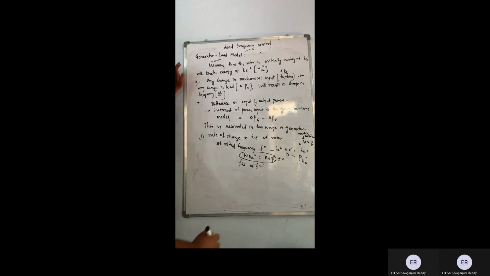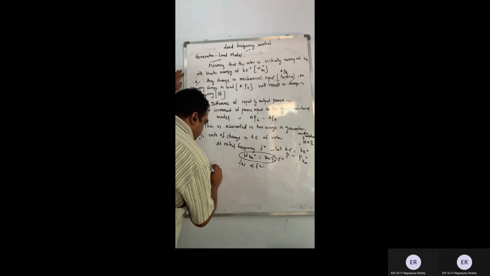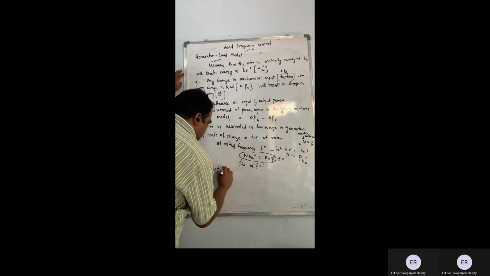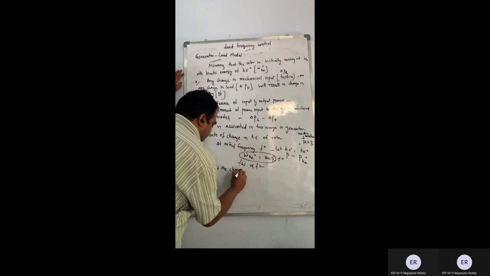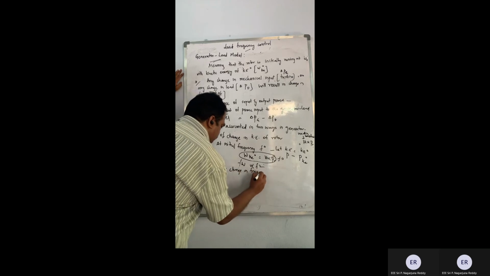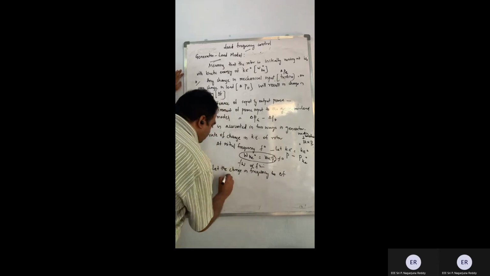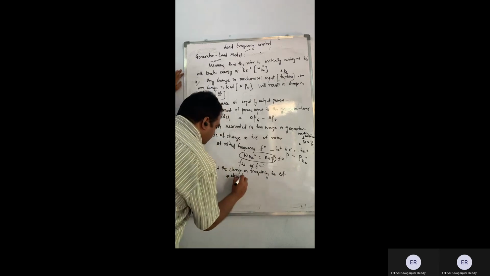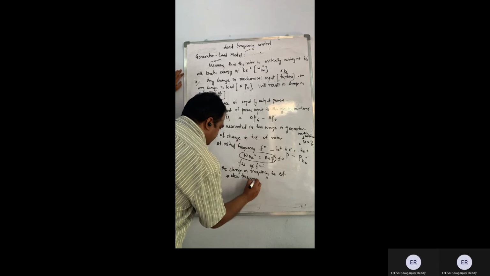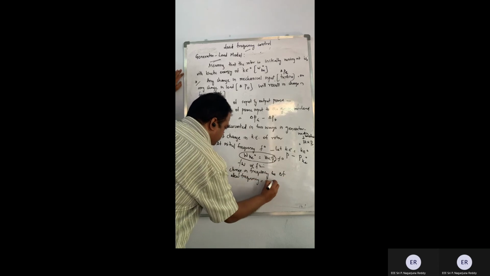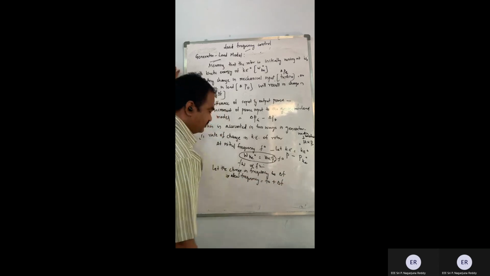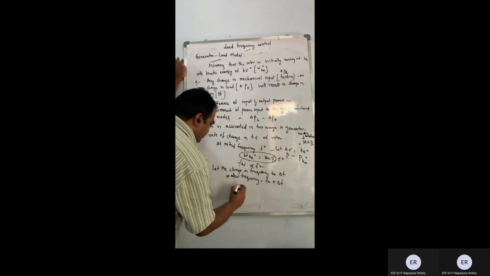Okay. So let the change in frequency be delta F. This will lead to a new frequency. What is the new frequency now, guys? Initially F0. Now it is delta F. So the new frequency is F0 plus delta F.